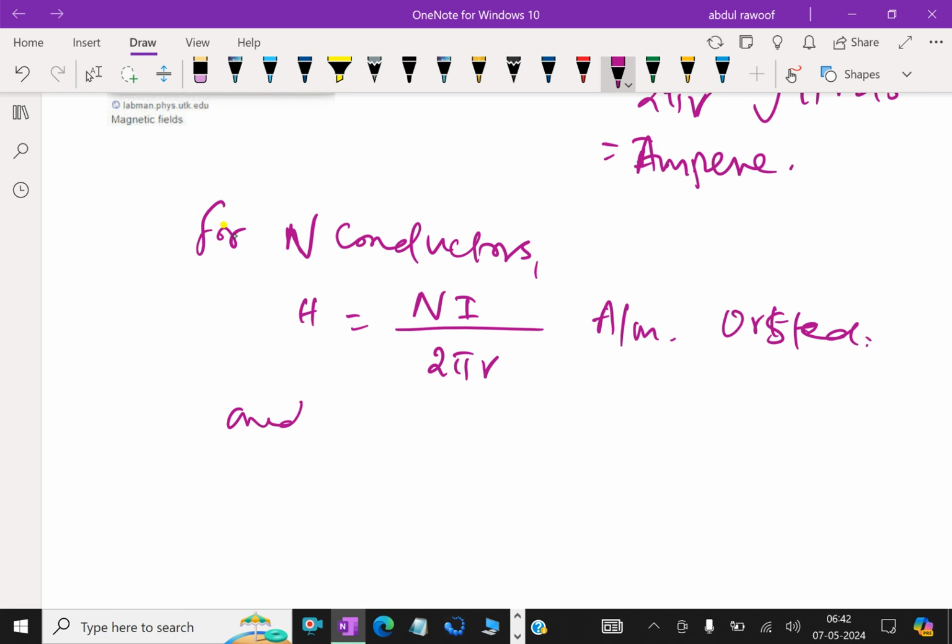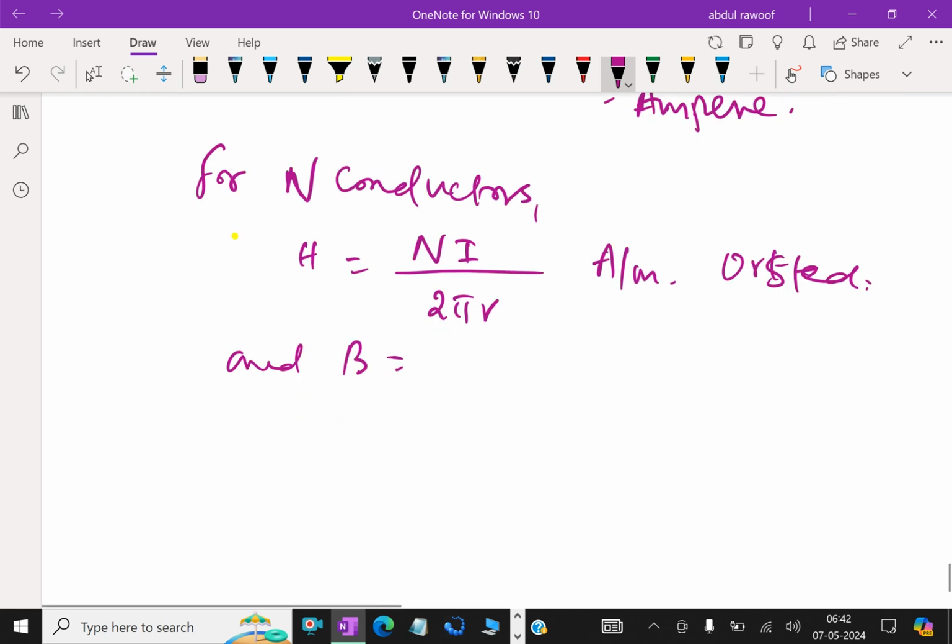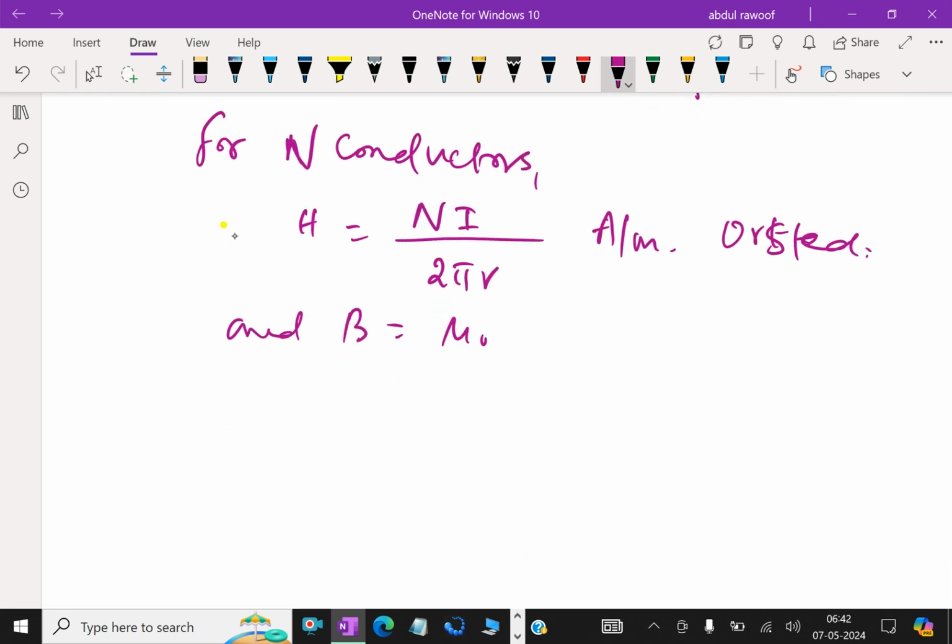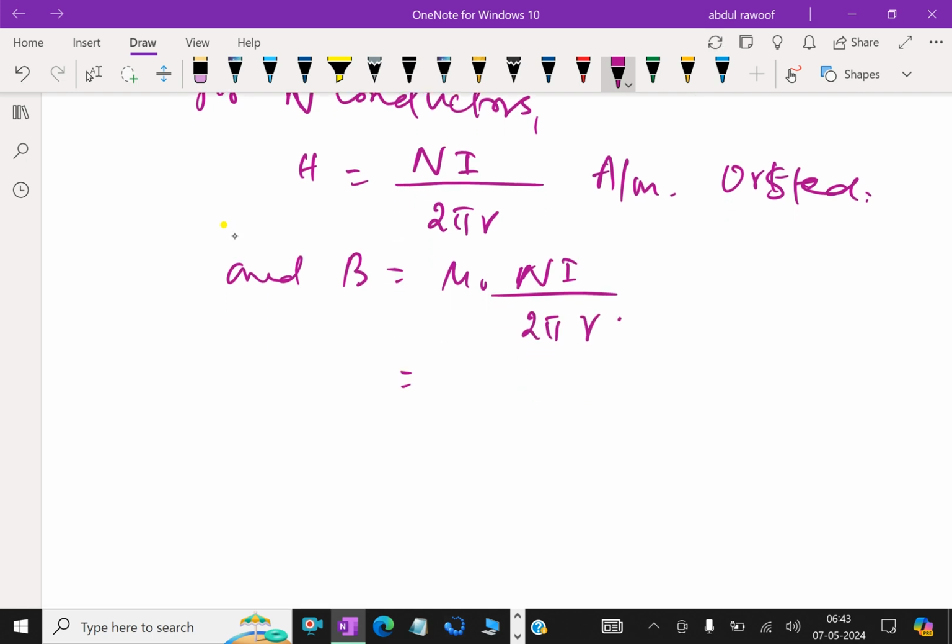And B equals mu 0 N I over 2 pi r, which is further equal to mu 0 mu r N I over 2 pi r.